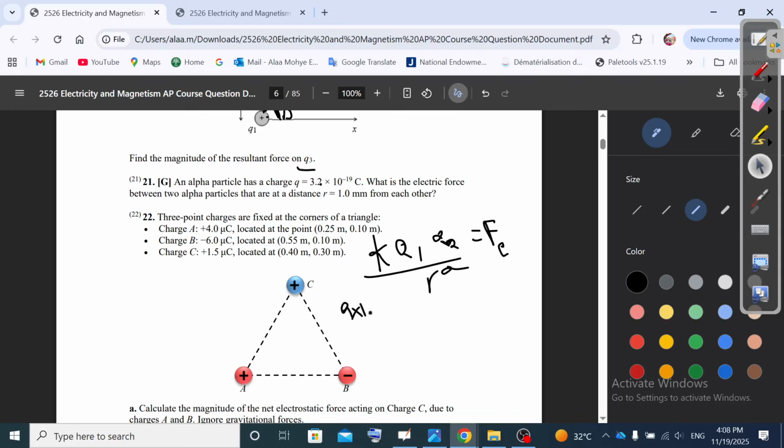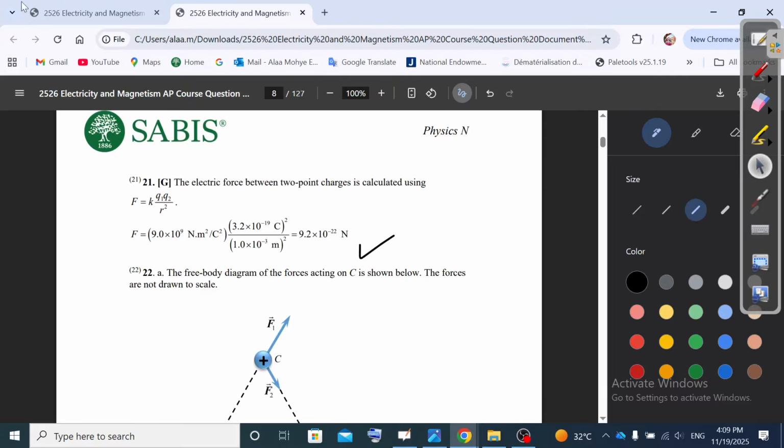It's going to be 9 times 10 to the power of 9 times Q1, which is 3.2 times 10 to the minus 19 all squared, over R squared, which is 1 times 10 to the minus 3 squared. You get 9.2 times 10 to the minus 22. Let's check. 9.2 times 10 to the minus 22.